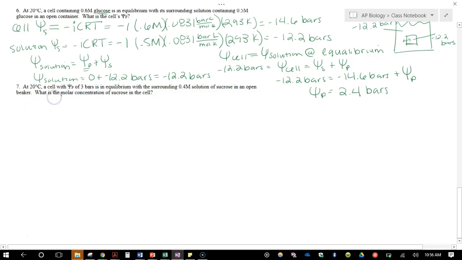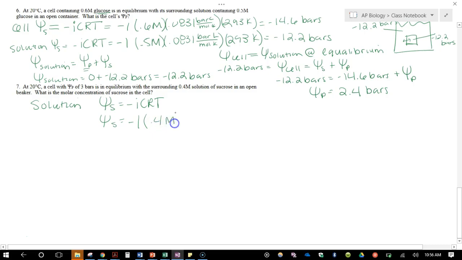So for the solution, the solute potential is going to be negative I C R T, because we have a 0.4 molar solution. Negative 1, we're dealing with sucrose, which is not ionized, so i is 1.